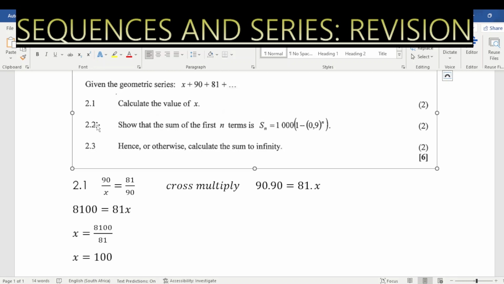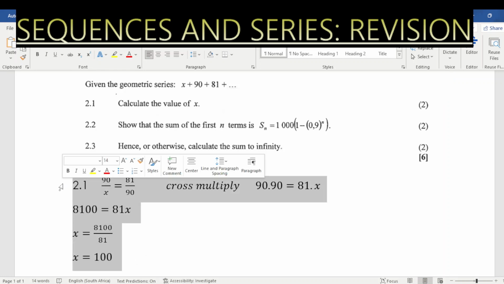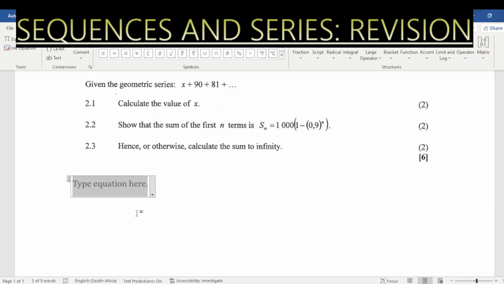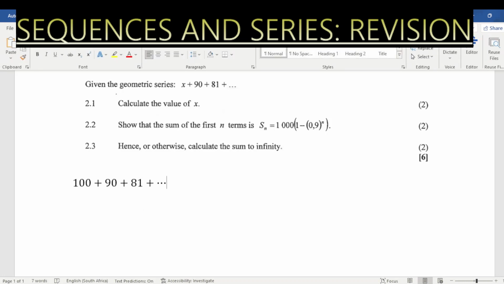Right, question 2.2. Show that the sum of the first n terms is given by that formula. All right, now that we know x is 100, it means that our series is 100 plus 90 plus 81, and then it continues.